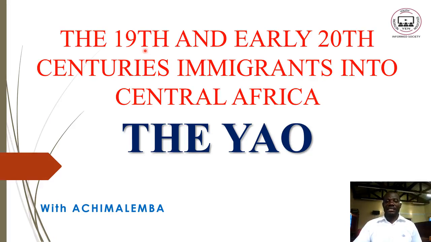So 19th century meaning those years between 1800 up to 1899. In between those years, there were people who traveled from somewhere entering Central Africa. And the 20th century, we mean the 1900s, from 1900 to 1999. There are also some people who migrated during those years. Who were those people? We are going to look at those people.